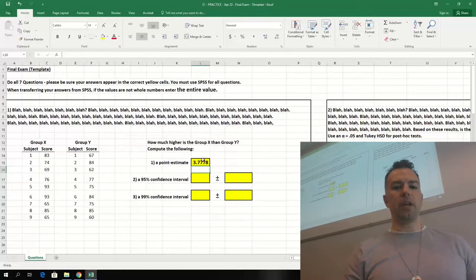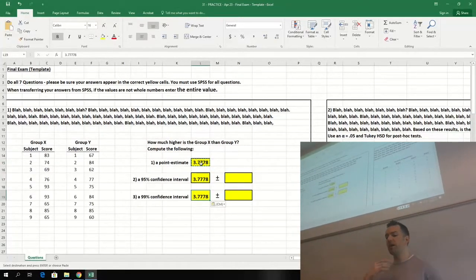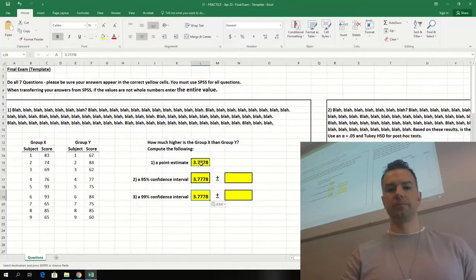And then that is the point estimate for every single confidence interval that we're doing. So it doesn't matter how confident we want to be, it's always going to be around that center point. So you don't round those, you just put in whatever it says?